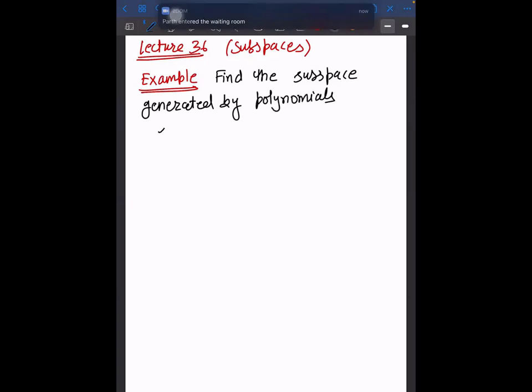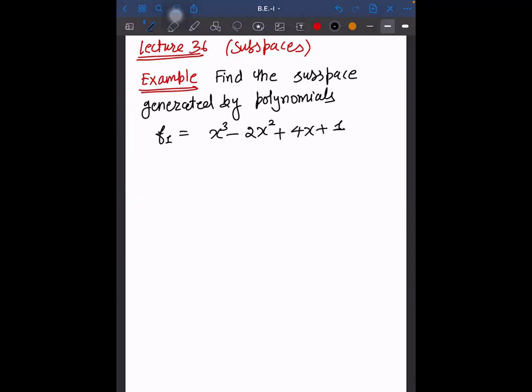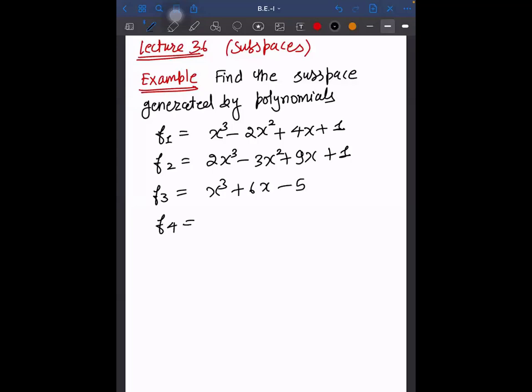They are, let's say, f1 = x cube minus 2x square plus 4x plus 1, f2 = 2x cube minus 3x square plus 9x plus 1, f3 = x cube plus 6x minus 5, and f4 = 2x cube minus 5x square plus 7x plus 5.